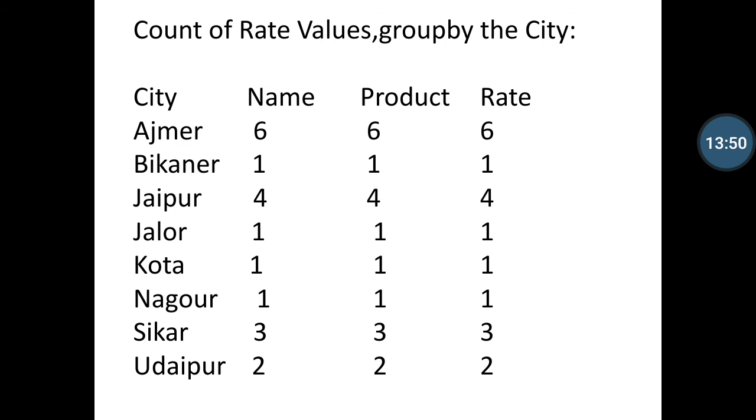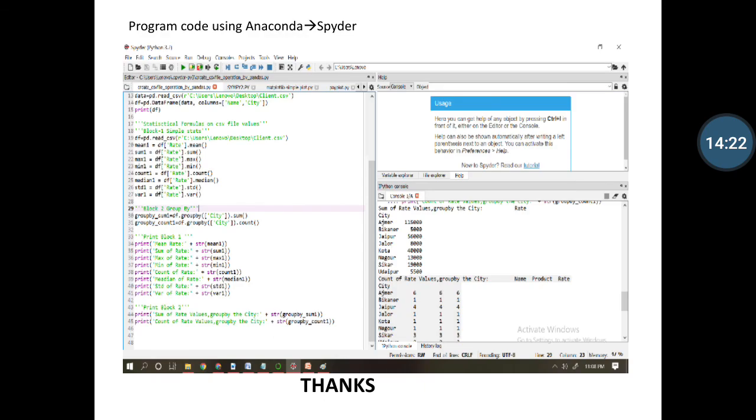So I am defining here the occurrence of the values in city as name, product and rate. You can see that 6 names are present in Ajmer, 6 products are present in Ajmer, and 6 rate values are present in the rate column of Ajmer, and you can see the other cities are also defined here. I am also writing the code and executing the above code.